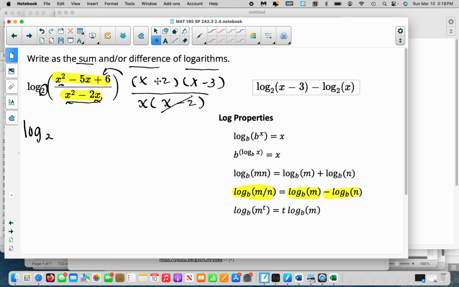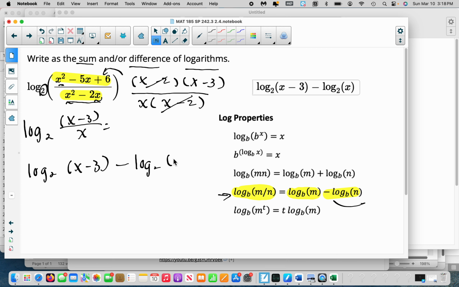All right. So this factors out, so log base 2 of x minus 3 over x. Using this property here, I can take the log of the numerator, that's equal to log base 2 of x minus 3 minus the log of the denominator, which is x, log base 2 of x.